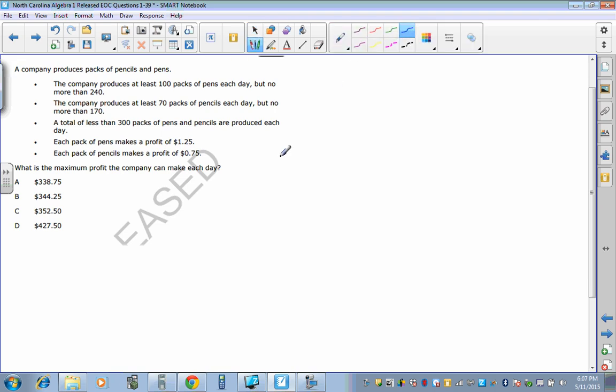So what I'm going to do is try to graph this system the best I can, and I will need to draw a line. Let's see if I can draw a little better. I need to draw a quadrant. You can use your graph paper that they give you. Okay, we have two variables. We'll call the x-axis the pens and the y-axis the pencils.